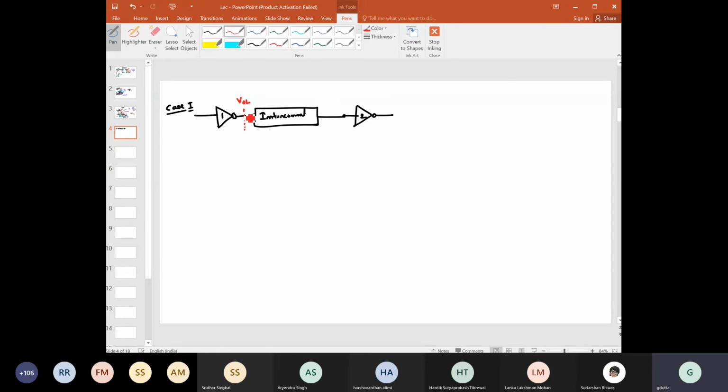Again, if you are confused with this notation, let me draw this VTC again here for your quick reference. Otherwise, we have to move back and forth from here.